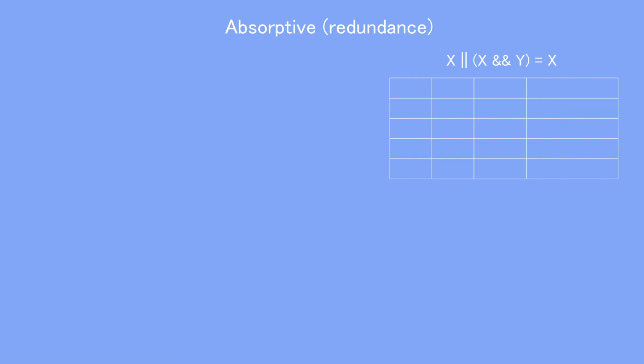Absorptive or redundancy laws. The first law. Let's check this law with the truth table. As we can see, this law is correct.